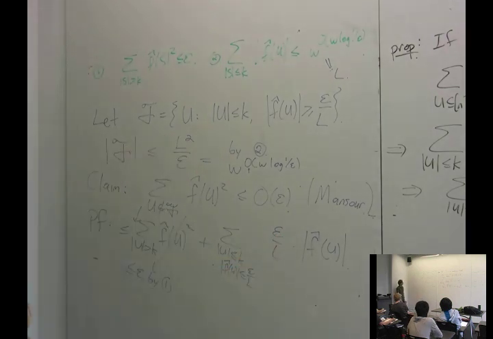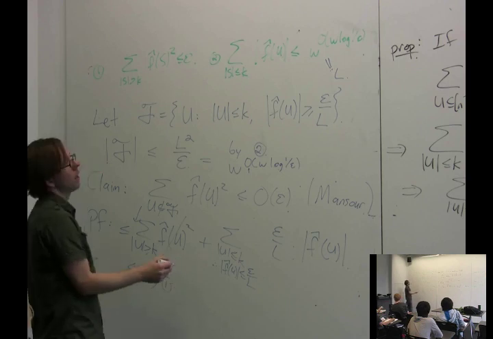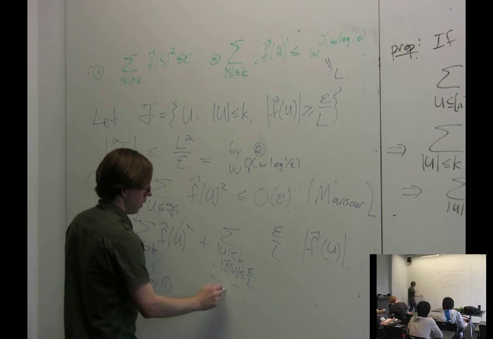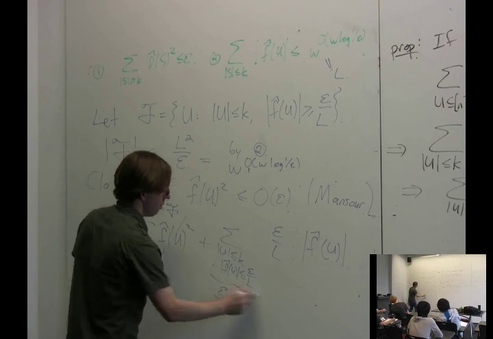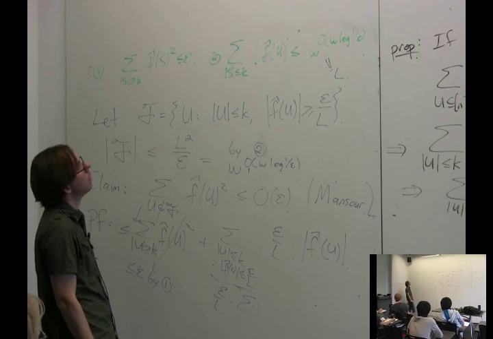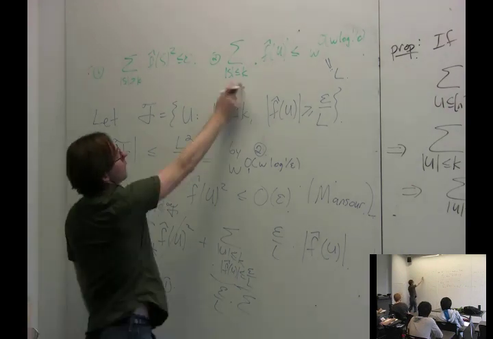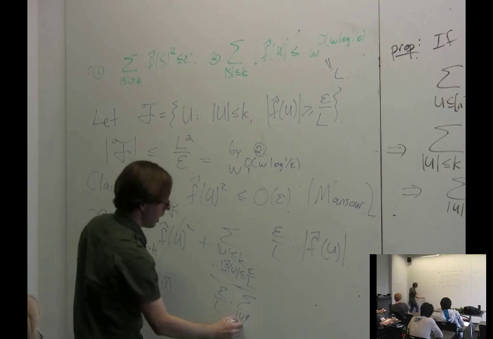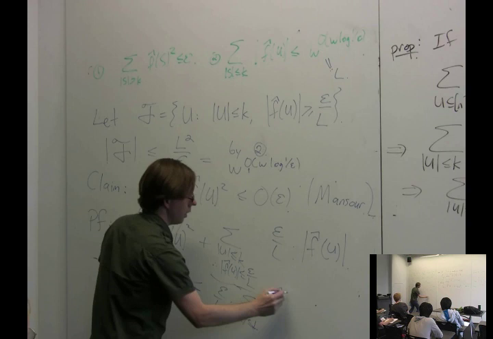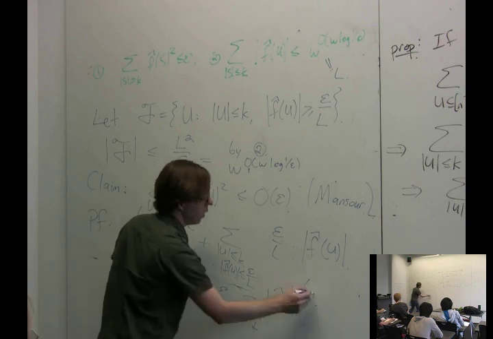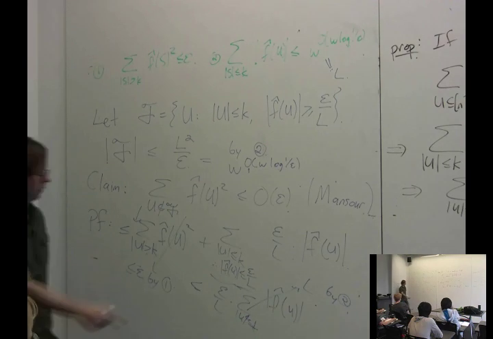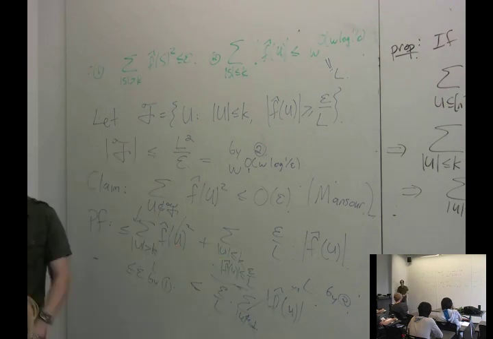And then I'm summing up, so this is epsilon over L times the sum over U less than or equal to k of F hat U. And this is L by 2. OK, so I get L times epsilon over L, which is epsilon.